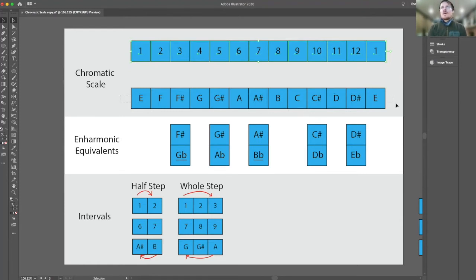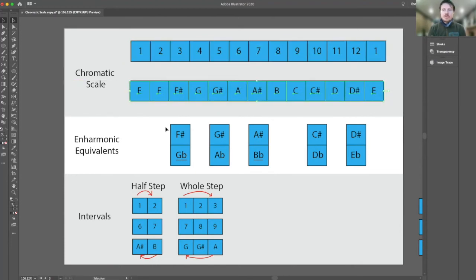So our chromatic scale, E to E. We're saying it's starting from E and going to E because we're talking about it for guitar players. Okay, there is another thing I want to mention, but before I get there, let's walk through this.